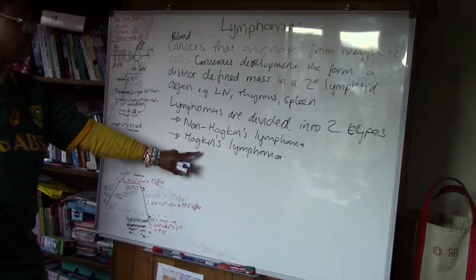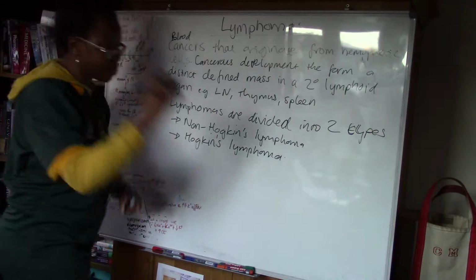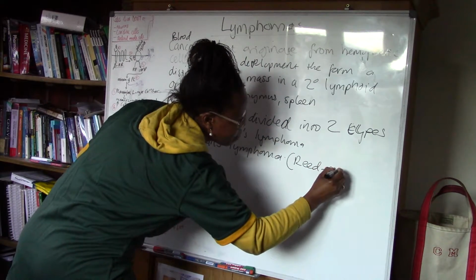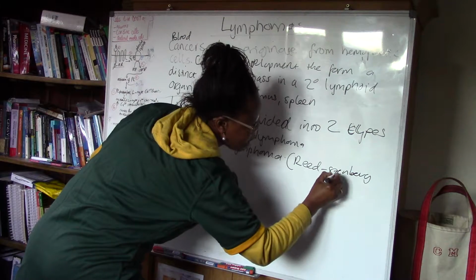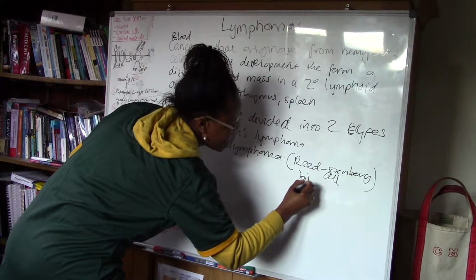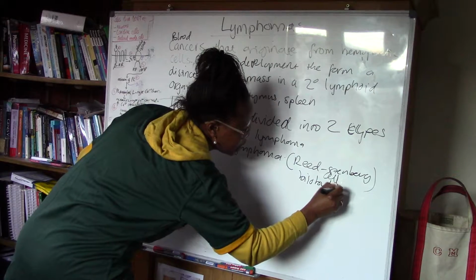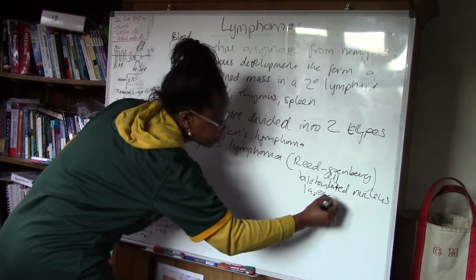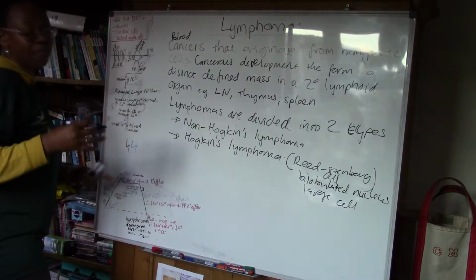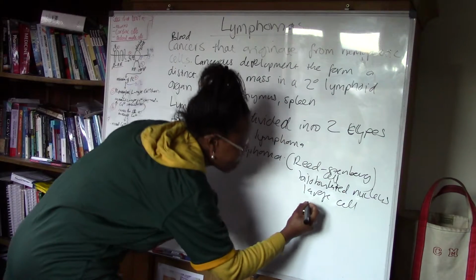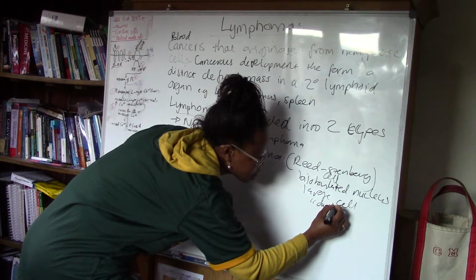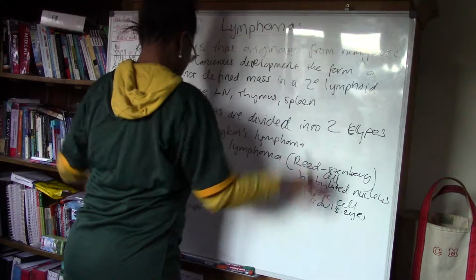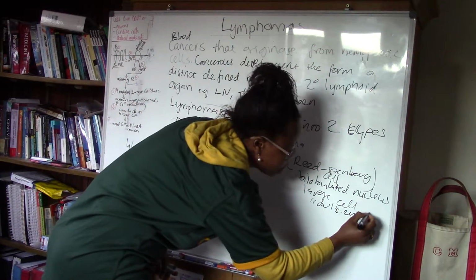And really, Hodgkin's lymphomas are distinguishable or defined by the presence of a Reed-Sternberg cell, which is really a large cell with a bilobulated nucleus. That bilobulated nucleus gives the appearance of owl's eyes.